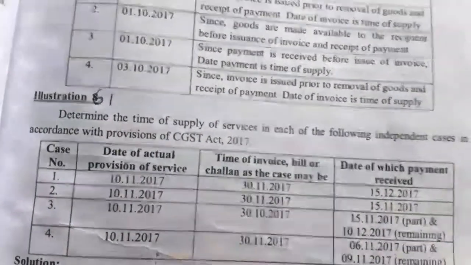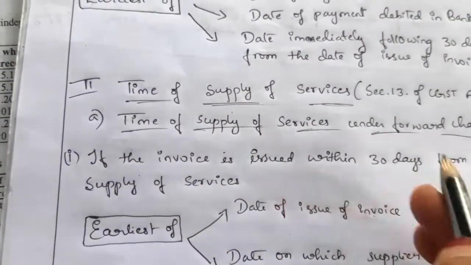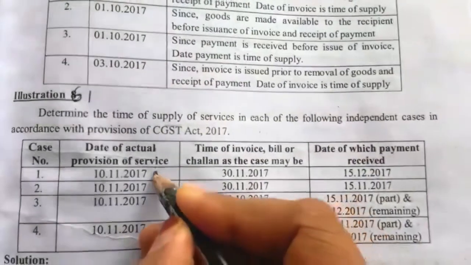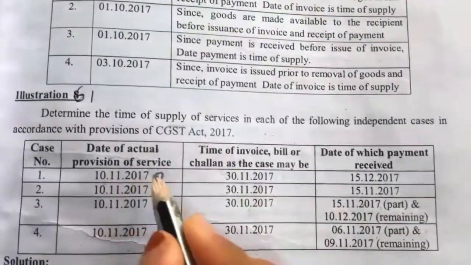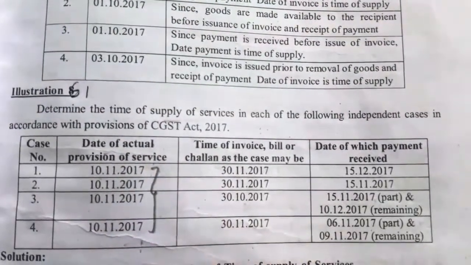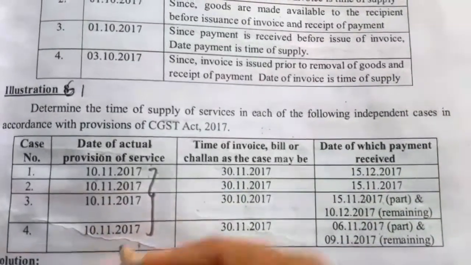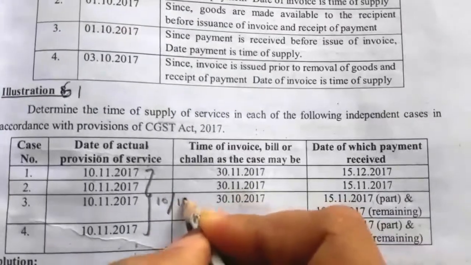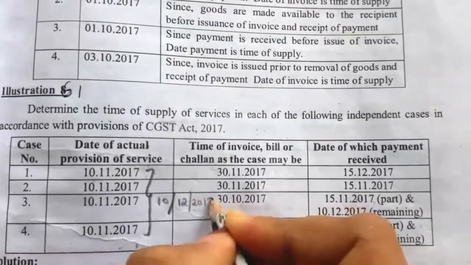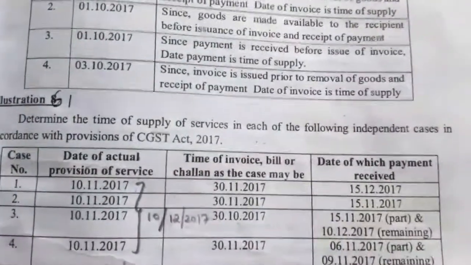Now we have to check when the 30 days deadline comes. 10/11/2017 is the actual provision of services. If we take a 1 month, 30 days time frame, then it will be the same day next month, 10/12/2017. So 10/12/2017 is the end of the 30 days time frame.